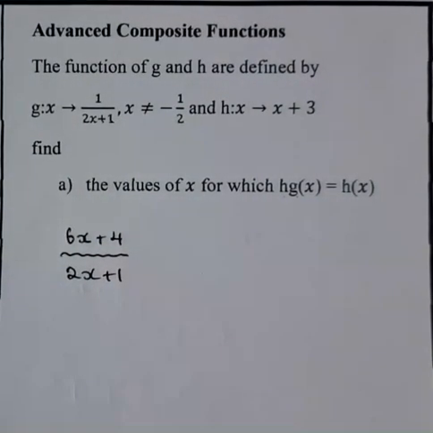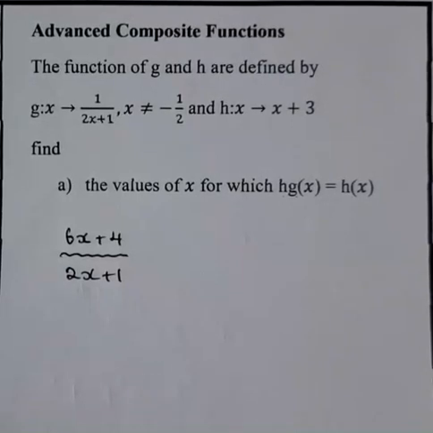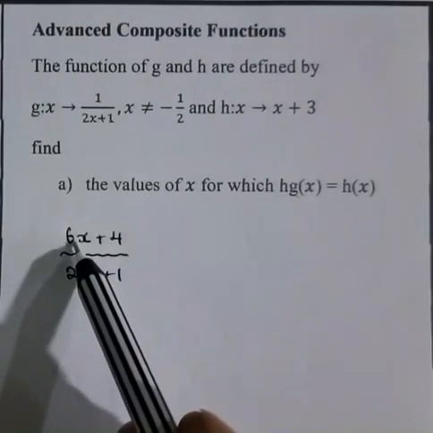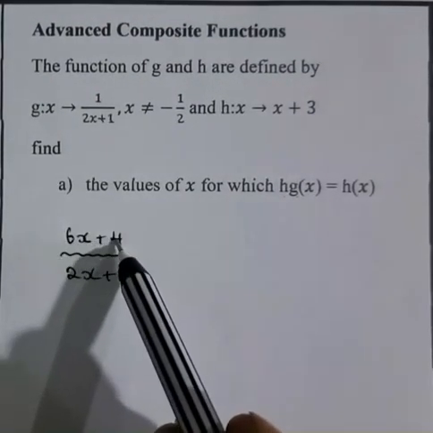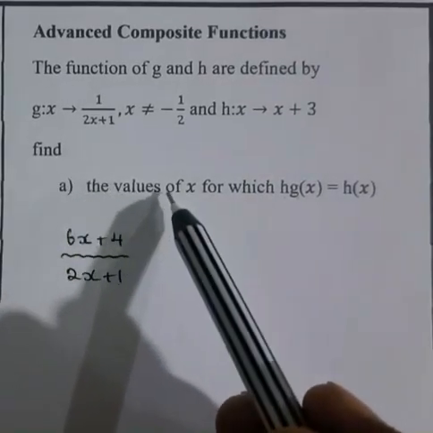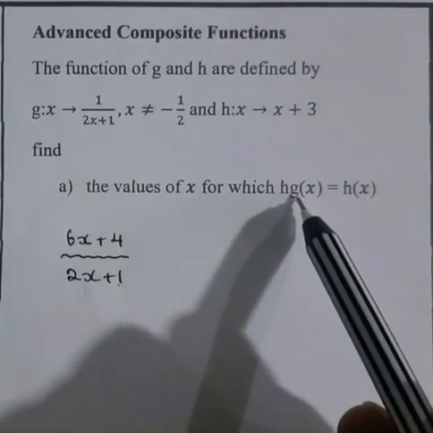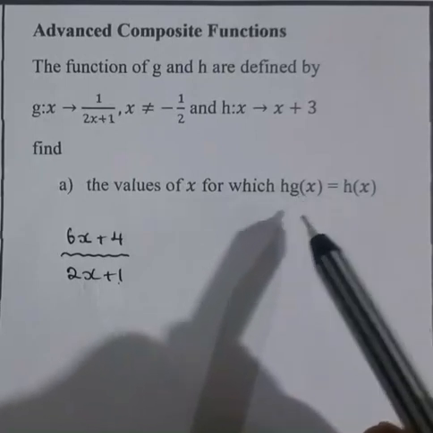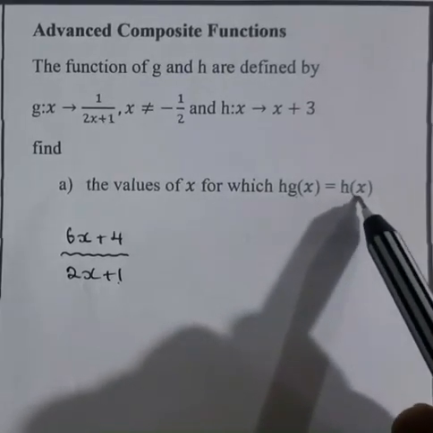But let us pick it out from where we left it, because in the previous video we were told to find this part, and we found that this part was 6x plus 4 over 2x plus 1. So now they are saying find the values of x for which h of g of x is equal to h of x.